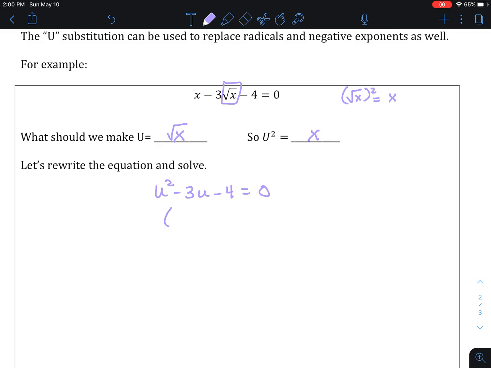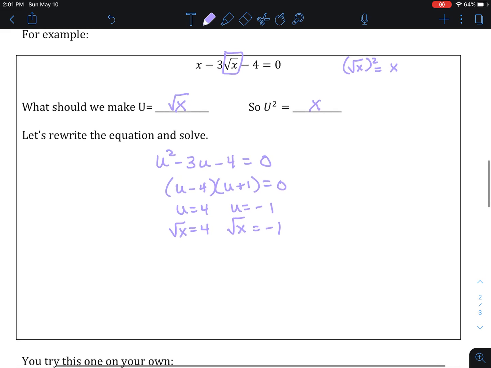Now, can we factor it? Yeah, we get u minus 4 times u plus 1 equals 0. That's going to mean u is equal to 4 and u is equal to -1. But u is the square root of x, so the square root of x is equal to 4, and the square root of x is equal to -1.